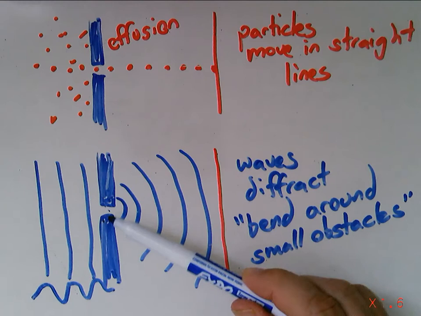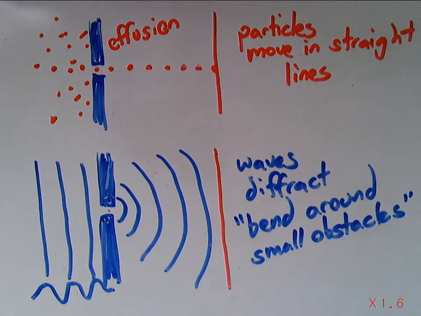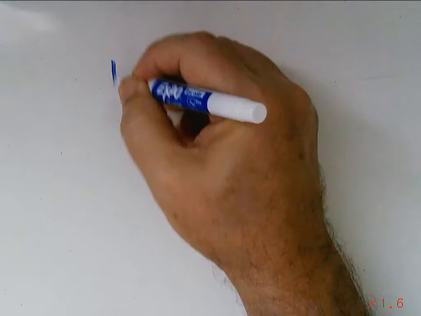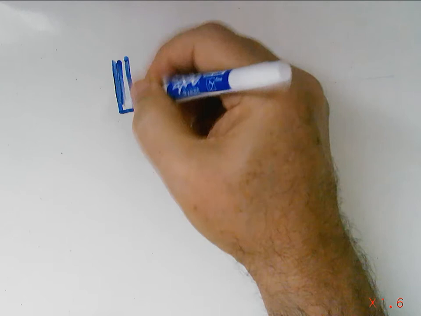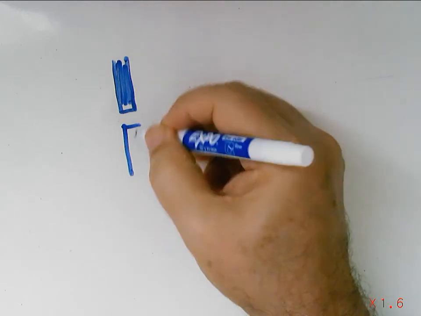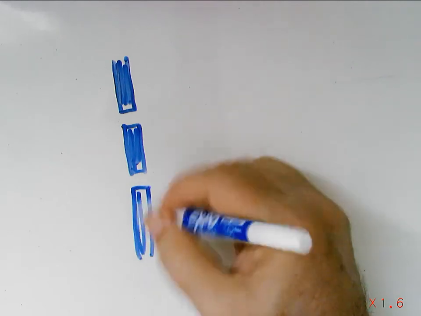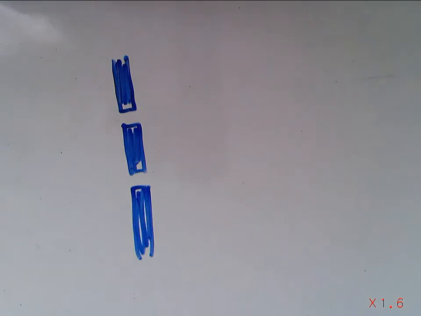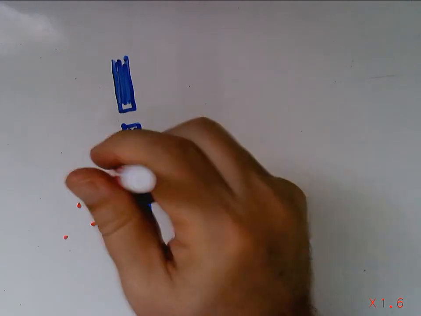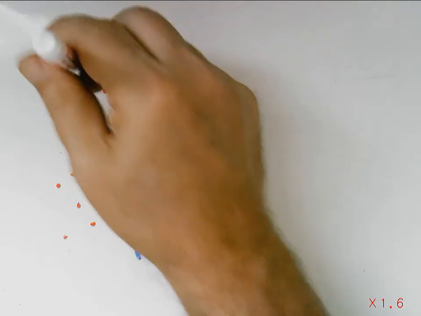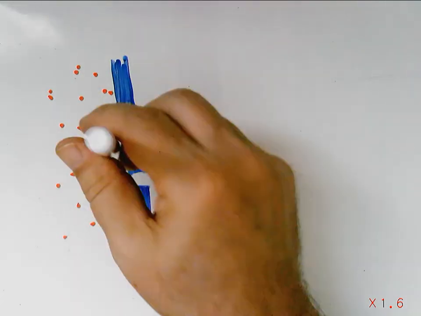Now there's a pretty famous experiment that you can do that shows whether you got waves coming in to a slit or particles coming in. And this is one quick way to do it. But when you have two slits, you can really clearly see that you've got a wave. Imagine that I've got two slits in a wall. And I have a bunch of gas molecules over here, and they're constantly colliding with each other and with the walls of the container.